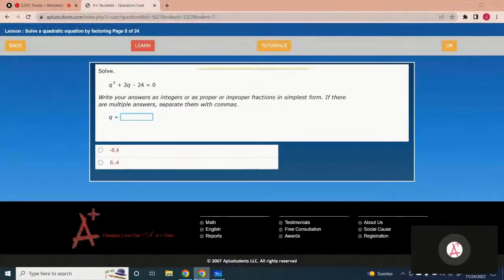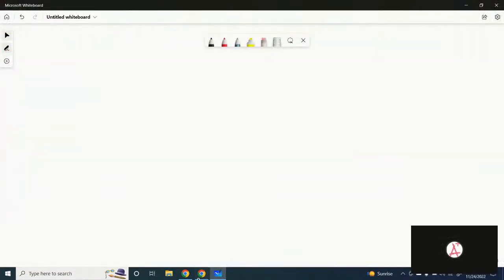Q square plus 2q minus 24 equals 0. Okay, you have to find the roots of this equation using the factoring method. It's a bit tricky question, so just listen to me carefully.